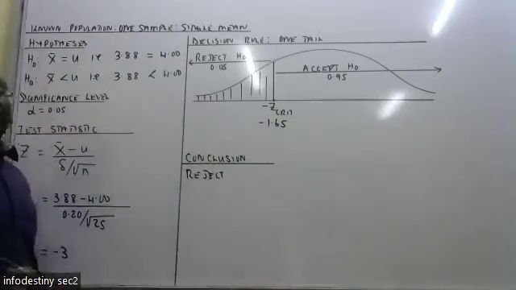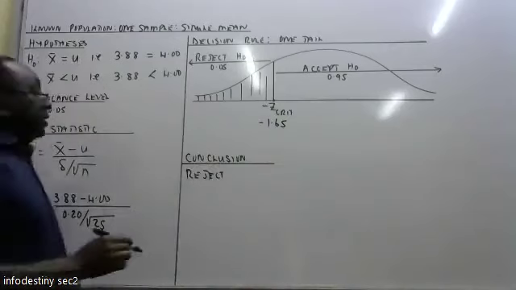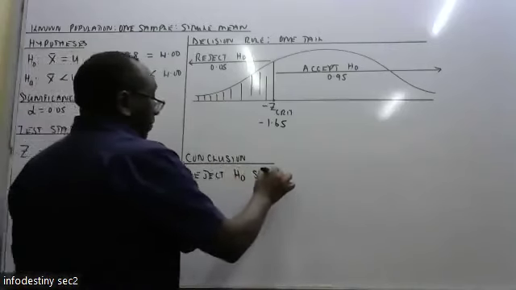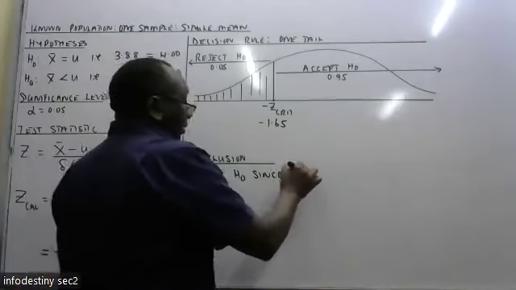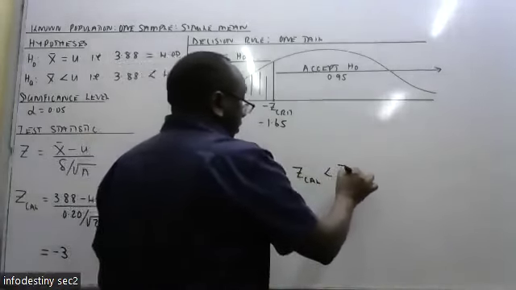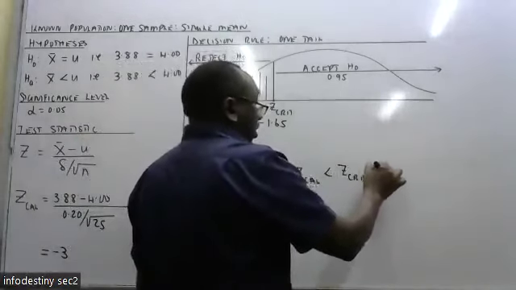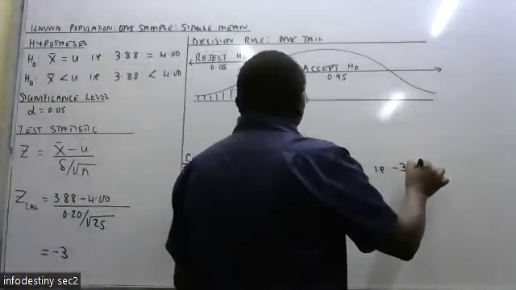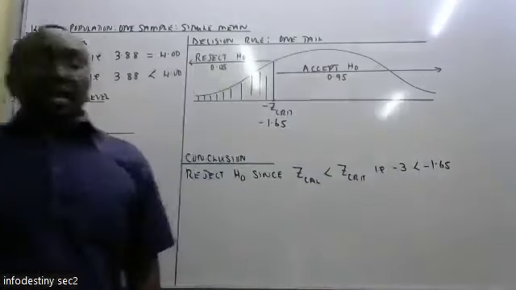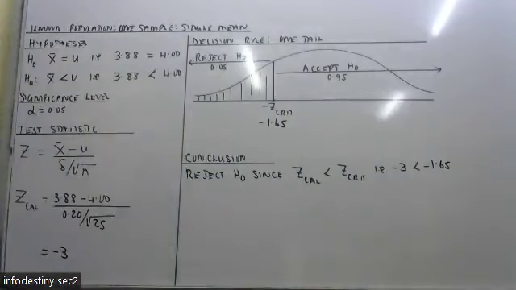It's only a coincidence that the first two are saying reject. So reject the null hypothesis since Z calculated is less than Z critical. That is -3 is less than -1.65.